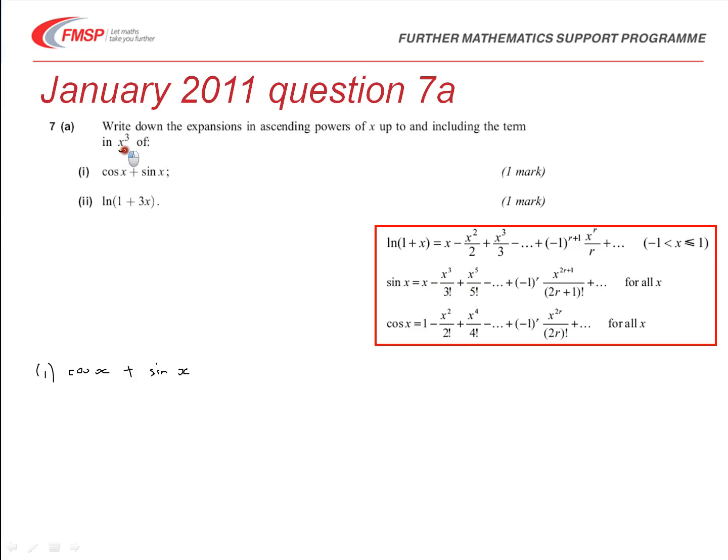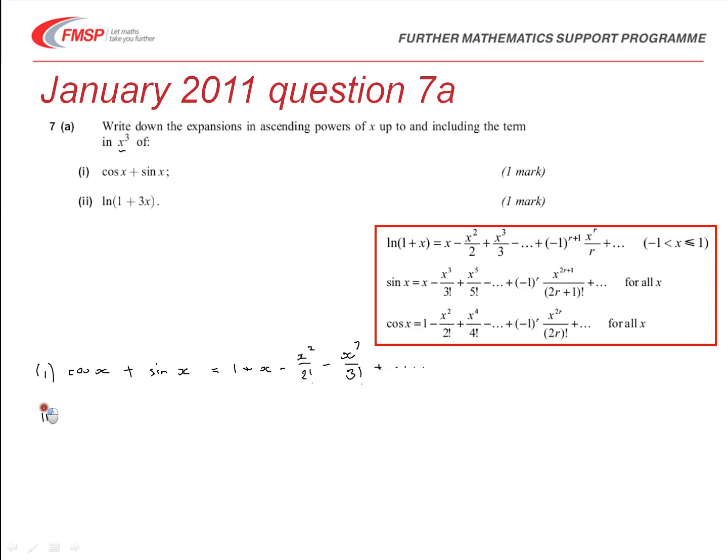Notice we only need to go up to the x cubed term, so we only need the first two terms from each of these expansions in order to get our result. So if we add those together we get 1 plus x minus x squared over 2 factorial minus x cubed over 3 factorial, and then all the other terms beyond that we're ignoring at this point.